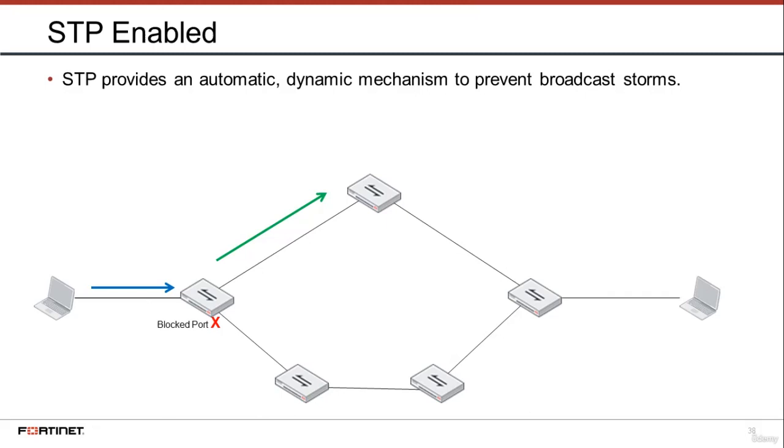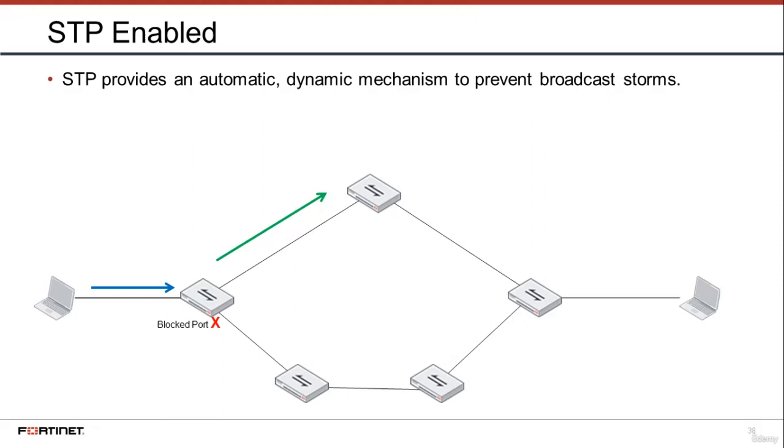These BPDUs provide each switch with information about its neighbors and its neighbors' interfaces. When all the paths are known, the switches identify potential loops and designate a root port based on lowest forwarding cost. That will be the primary path. The other ports which could result in a loop are blocked.